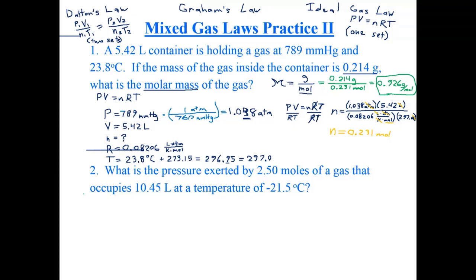I said what would be the smallest molar mass that you could get? It would be 2.02. Yes, that would be the smallest molar mass you could get, because it would be the molar mass of hydrogen.